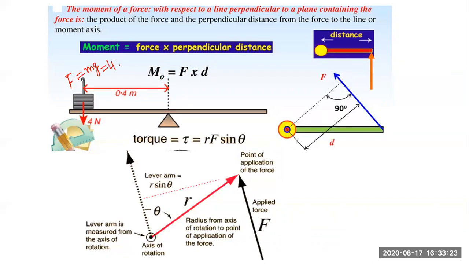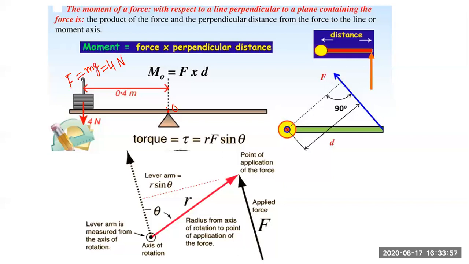Due to the application of this force of 4 Newton, at a distance of 0.4 meter from the applied force, there is a hinge point or a fixed point O. The question is, what is the effect of the force 4 Newton, in terms of the weight or the load, about the point O?